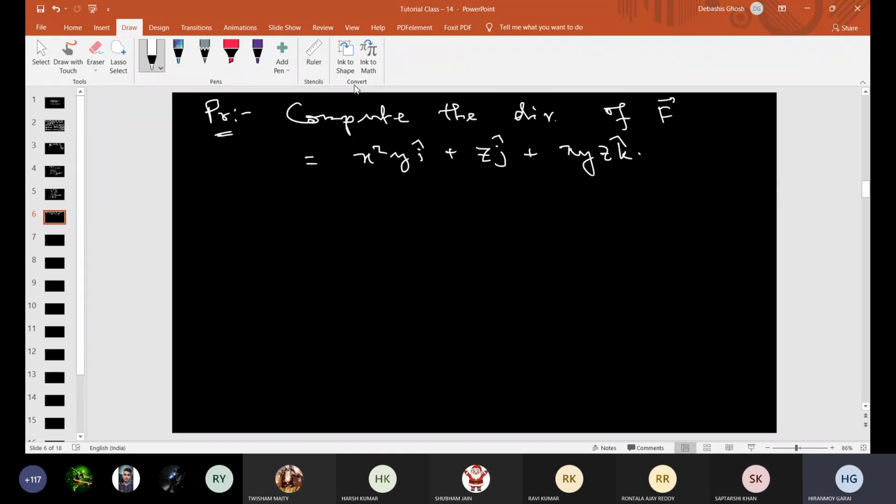One more type of problem is coming, that is to find the scalar potential of a vector field.